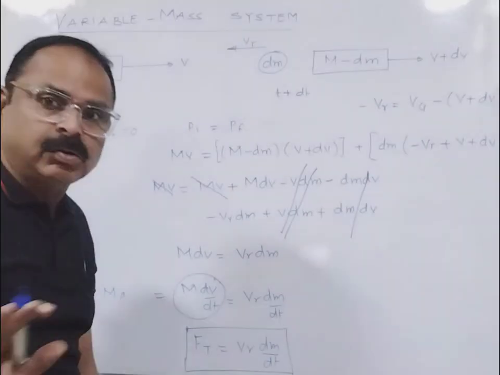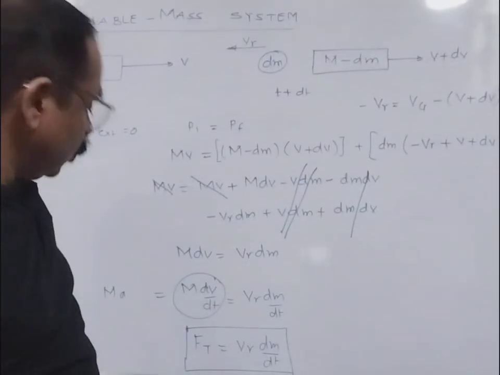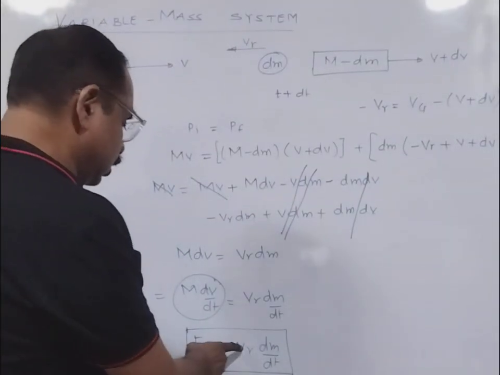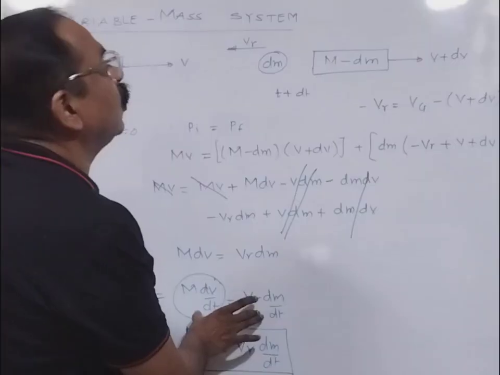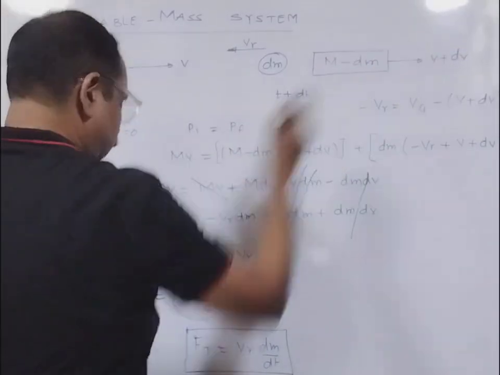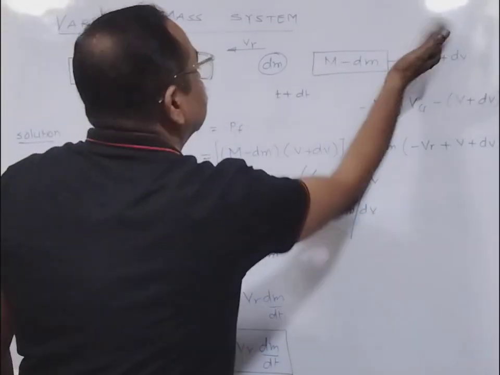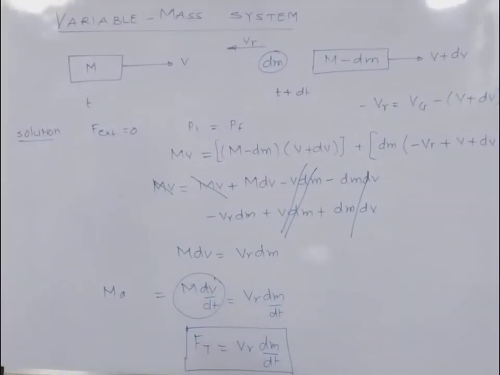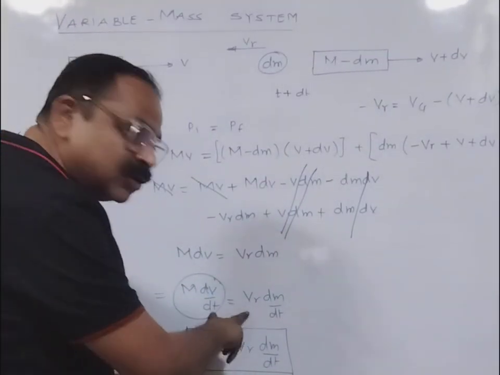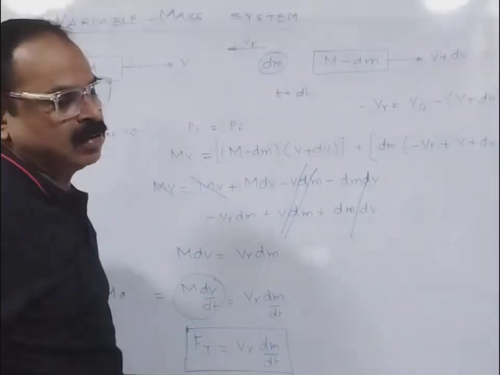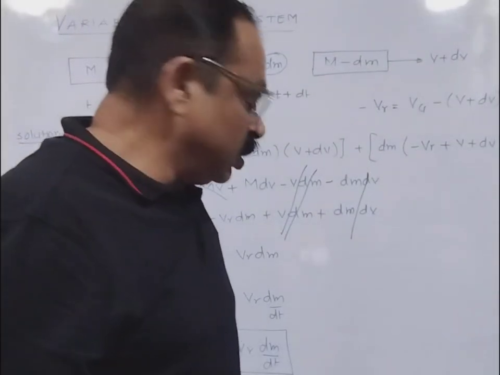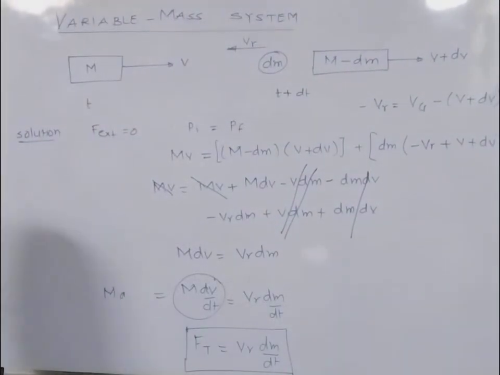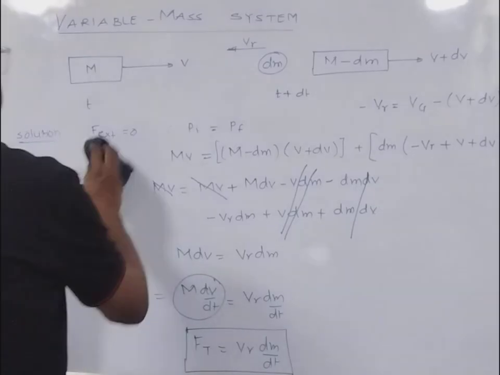To be very clear, don't get confused: m dv by dt is in one direction and Vr dm by dt is in the opposite direction. Equating them does not mean that they are in the same direction. Understood? So let us solve a problem based on this simple equation of variable mass system.